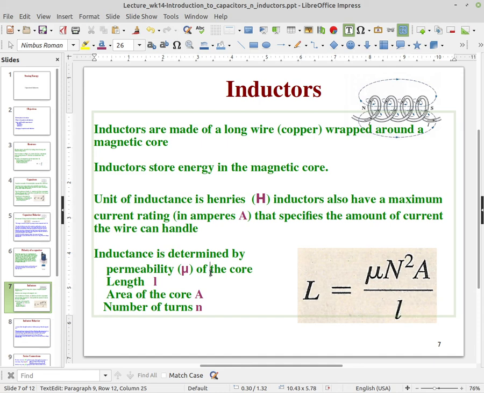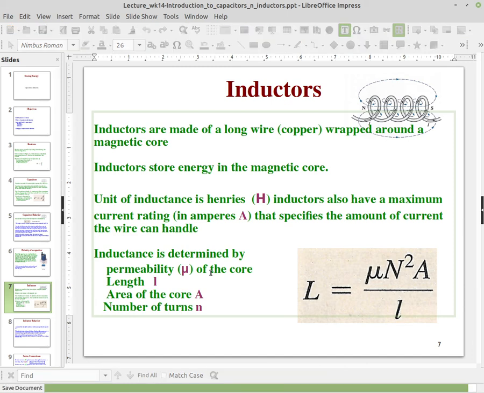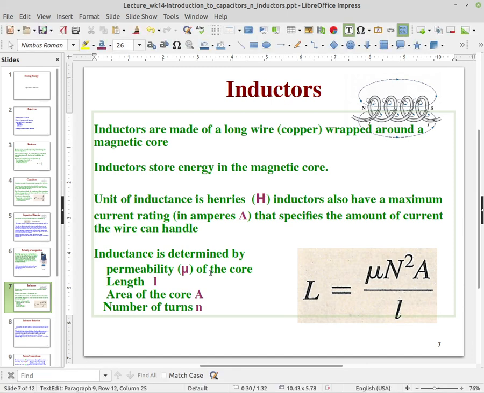Soft iron is one of the best for an inductor. As I mentioned, you can use air, but air is not really all that magnetic. But you know, we do make certain inductors with an air core.